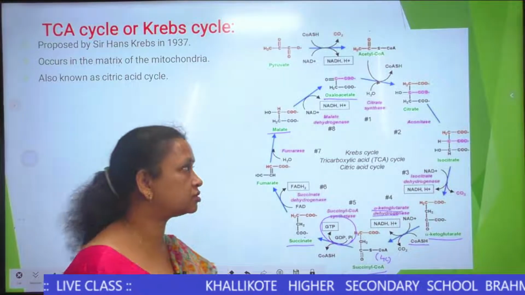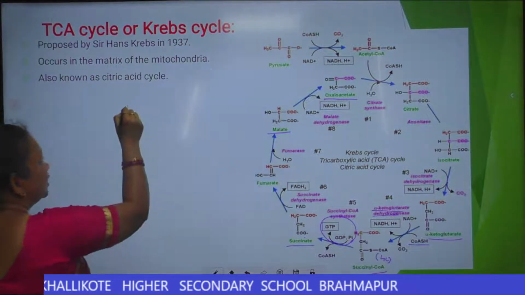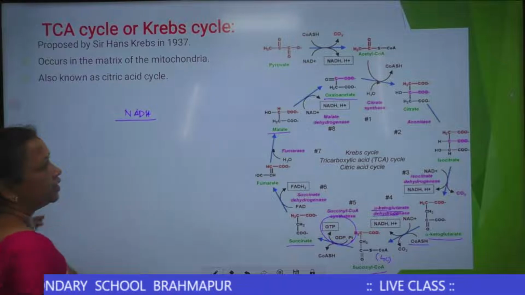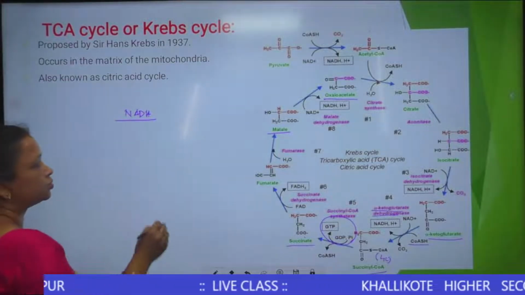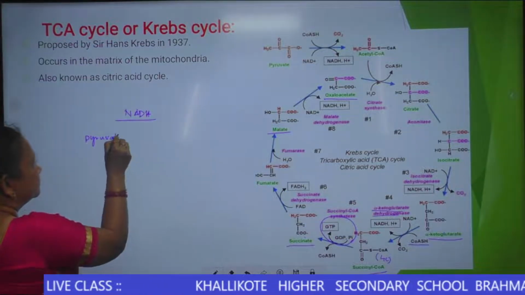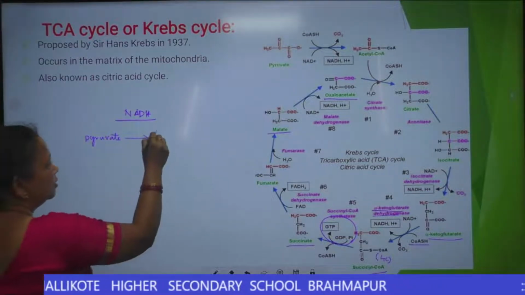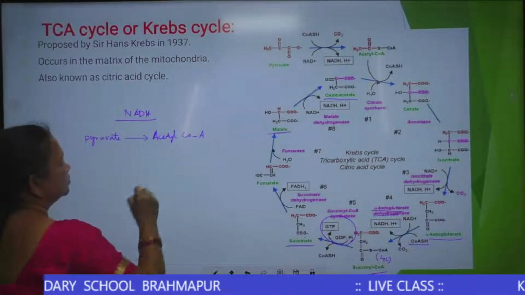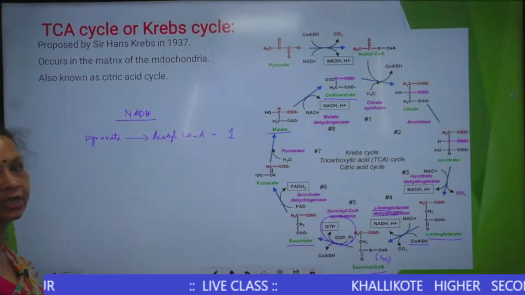From these reactions, the number of NADH molecules, if we calculate NADH, the first molecule is produced from pyruvate to acetyl coenzyme A. So, here we get one NADH molecule.